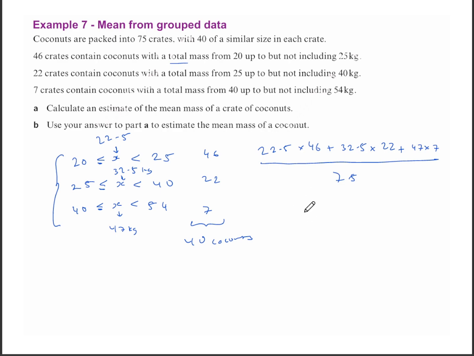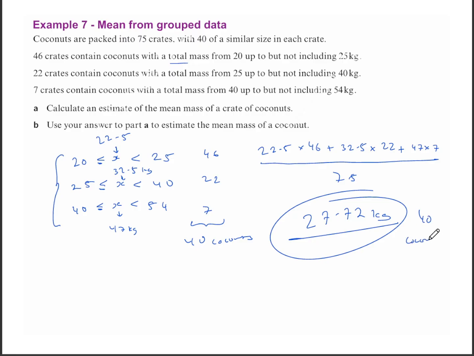This gives us that the average mass of a crate is 27.72 kilograms. Remember, that crate has 40 coconuts in it.